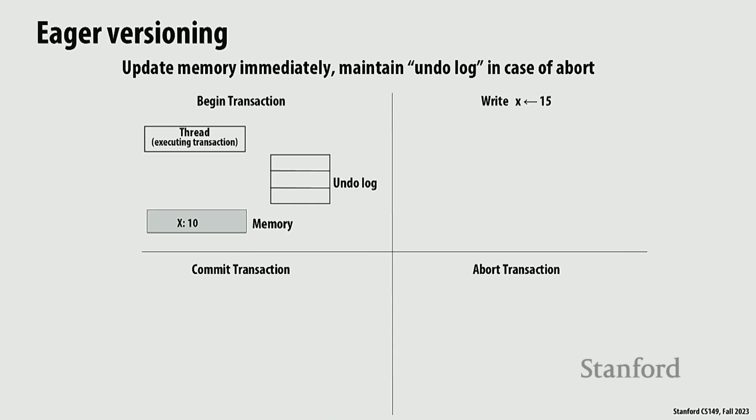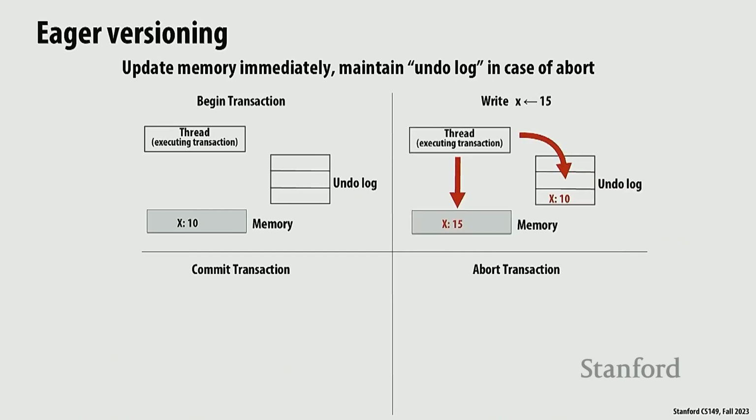So in this example, we're going to have a single variable x that we are updating in the transaction. And x initially has a value of 10 in memory. And the transaction is going to write 15 to x. And so what we do then is we put the old value of x into the undo log, right?